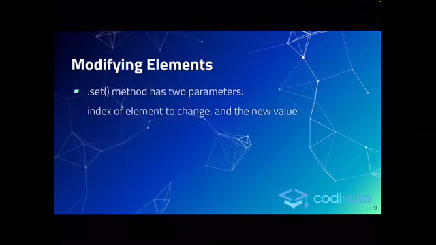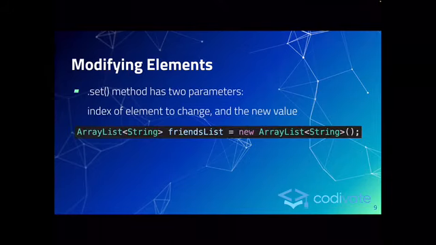Now let's look at modifying elements. We can use the set method to change a certain element at a certain index to a new element. So let's say we start with an array list of strings that's called friendsList.